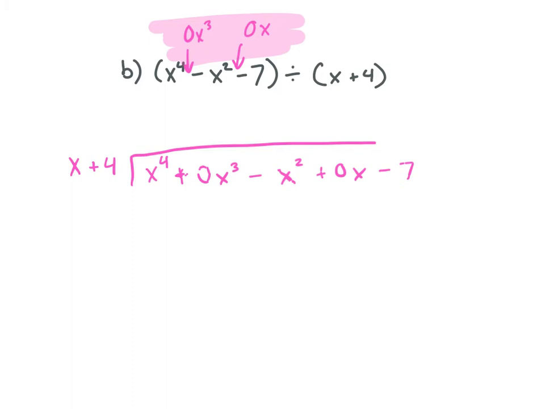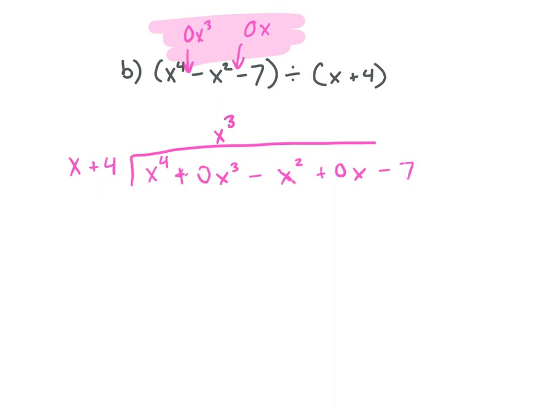All right, let's divide. Where do we start? What do we do? So what multiplies to x to give us x to the 4th? Perfect. We keep our x cubeds in line. What do we do next? Multiply.